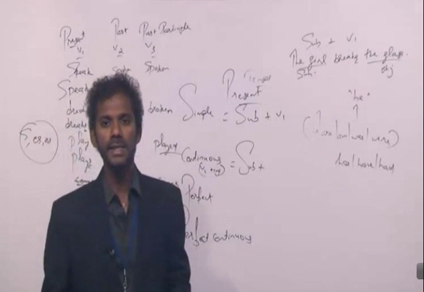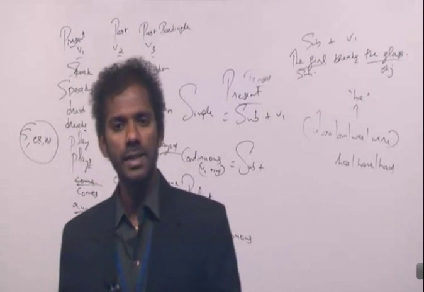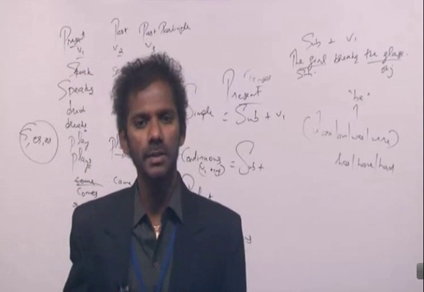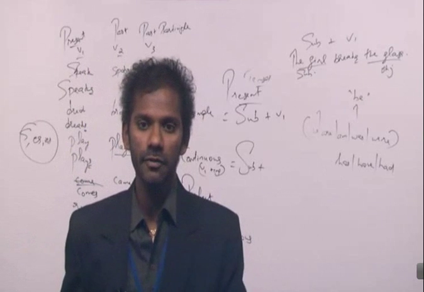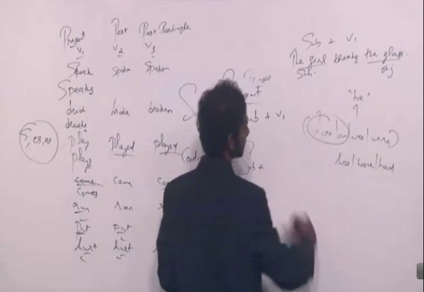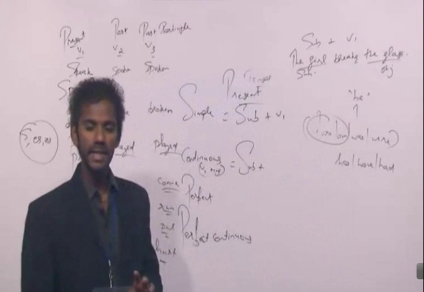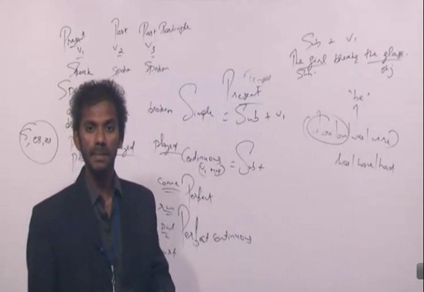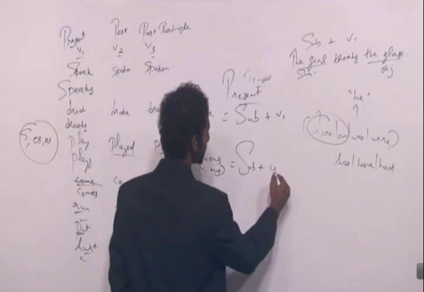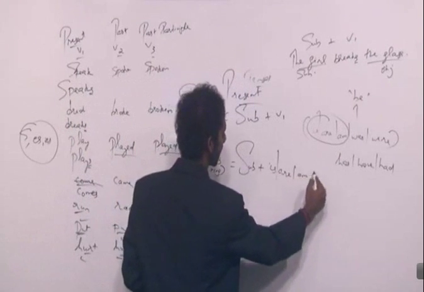When you think of present continuous, three auxiliary verbs must come to your mind: is, are, am. These are the three auxiliary verbs that come in present continuous tense. So present continuous means think of is, are, am.